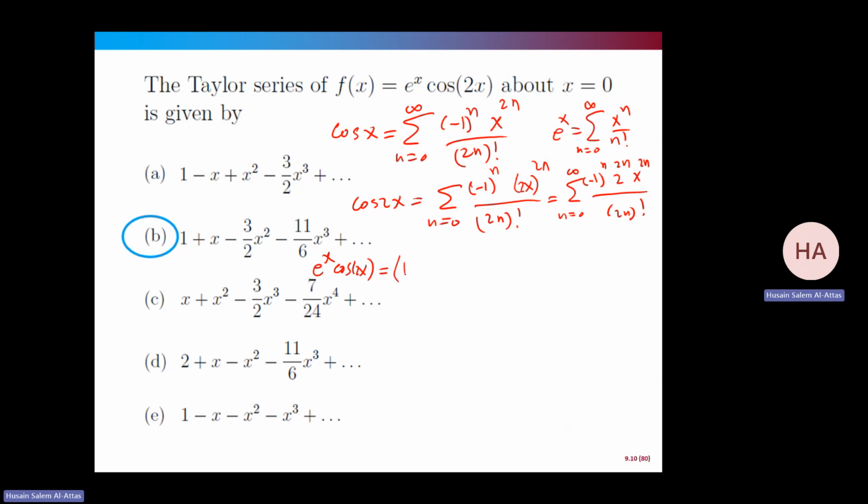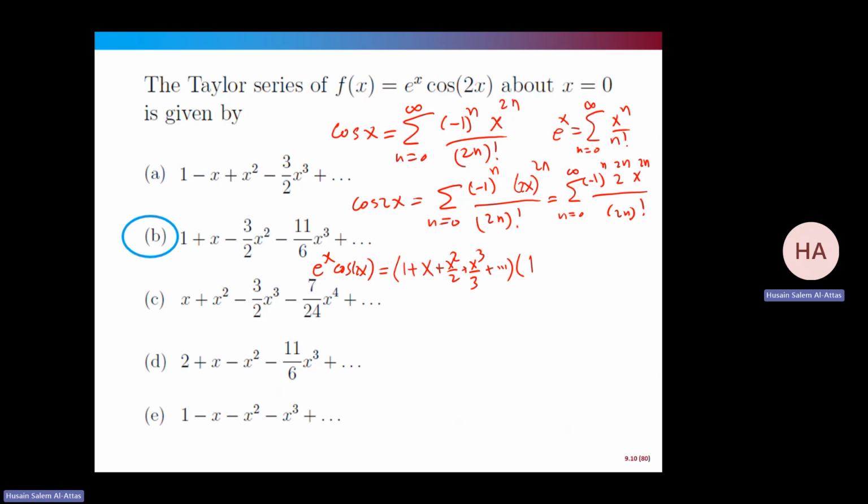I have here 1 plus x plus x squared over 2 plus x cubed over 3 factorial, plus the rest. For cosine 2x, at n equals 0, I have 1.